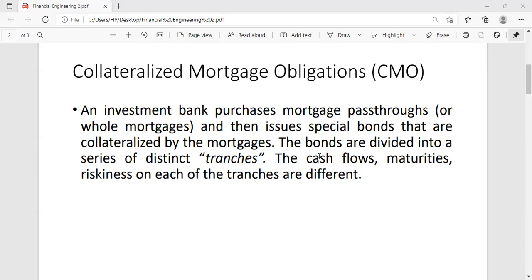Every tranche receives interest, but only one tranche receives the principal amount, and that particular tranche is called the fastest pay tranche.